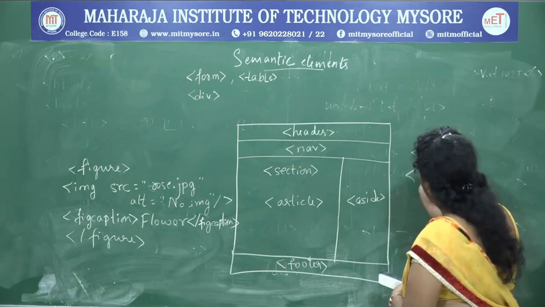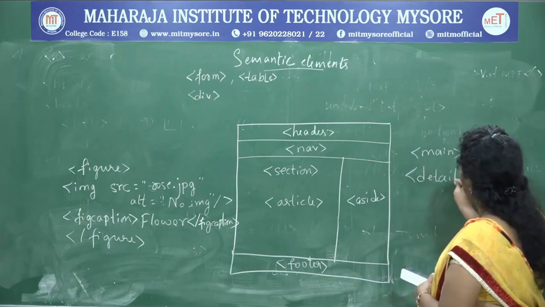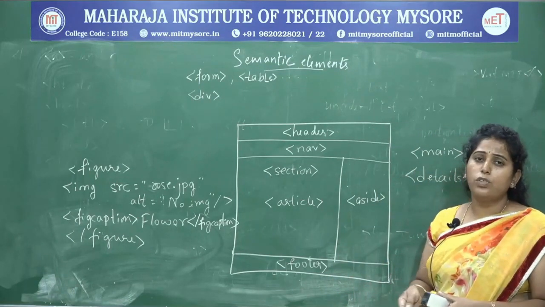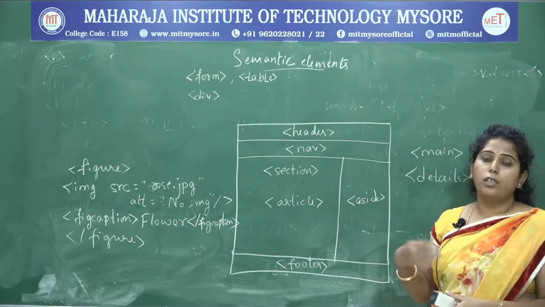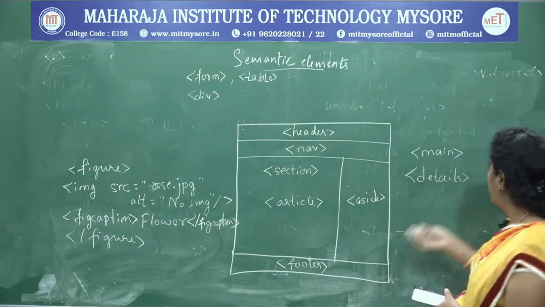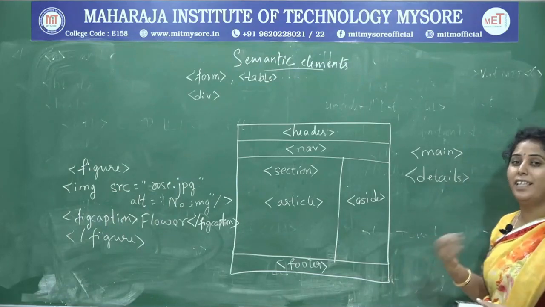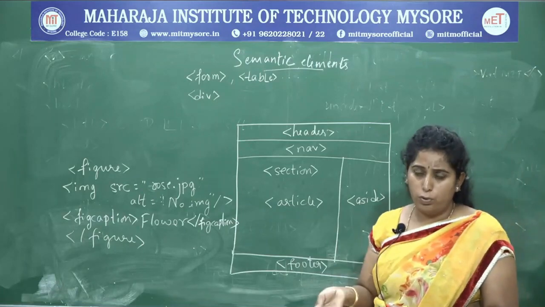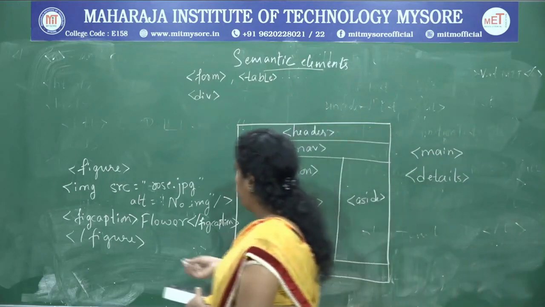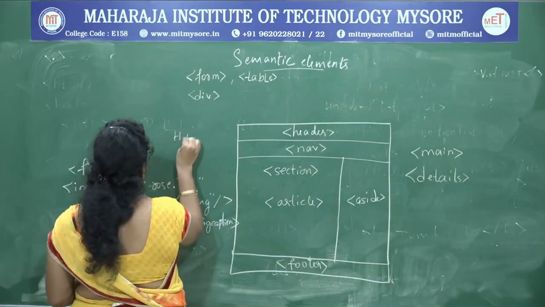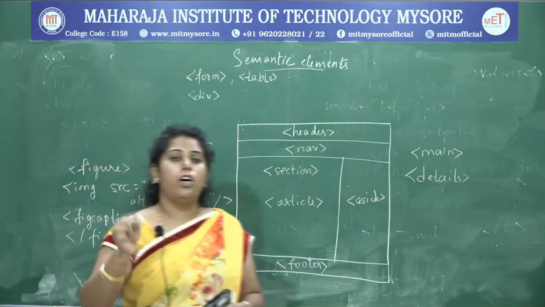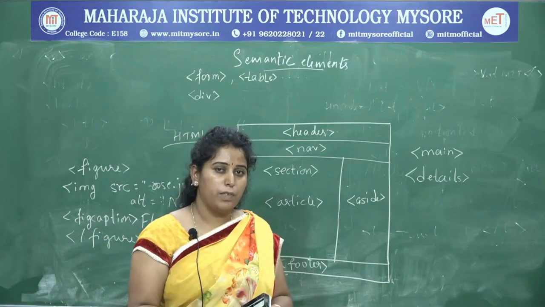So next is about details. Details means which gives the user flexibility. The user on demand can open that document or close that document. Okay. So details is used for providing detailed information. It's similar to a note. For example, I have used some term called HTML. This abbreviation may not be known to all users.